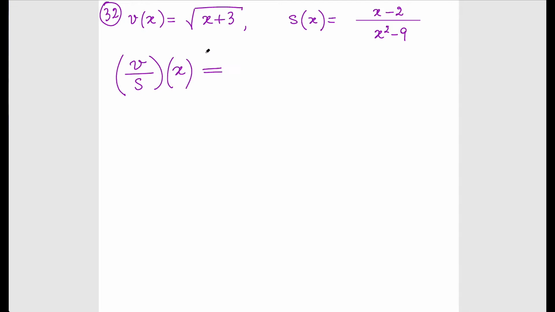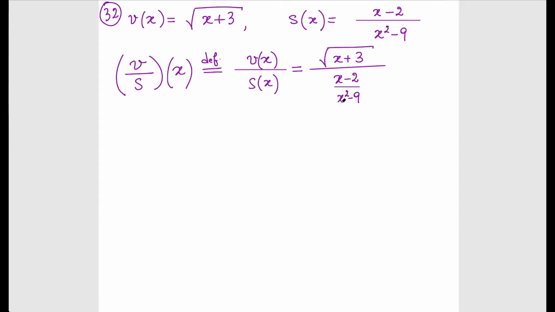Okay? What's the definition of a quotient function? It's the quotient between those outputs, V of X and S of X, right? In this case. Okay, and what's V of X? V of X is simply square root of X plus 3. And S of X is this guy, X minus 2 divided by X squared minus 9.